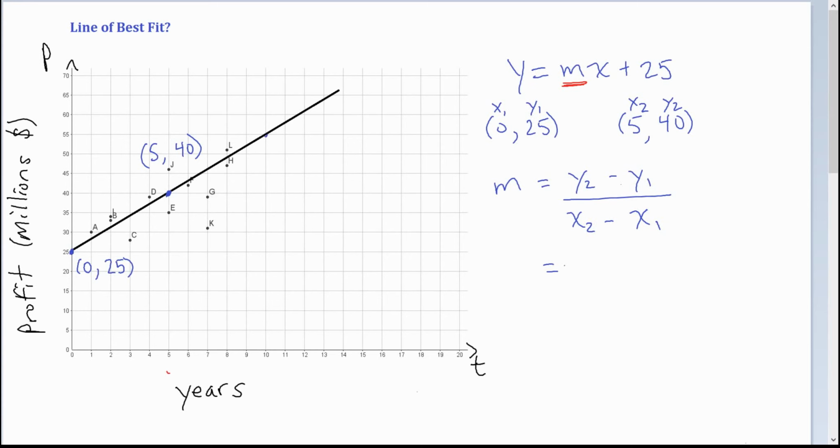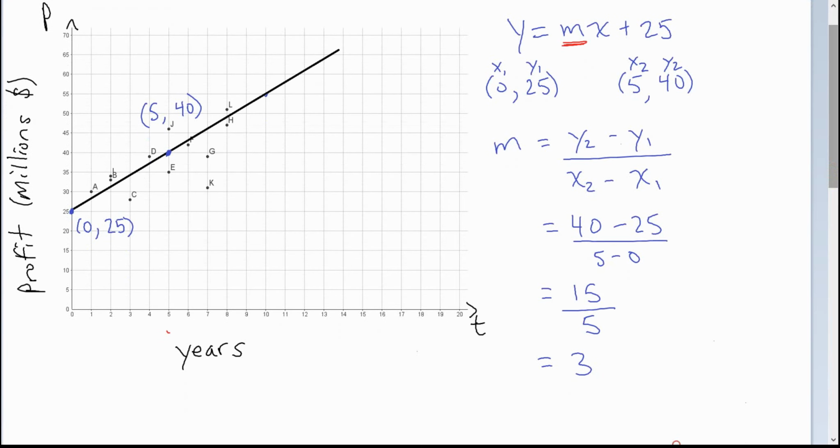So we have the formula y2 minus y1 over x2 minus x1. And when we start subbing in values, 40 minus 25 over 5 minus 0. 40 minus 25 is 15 over 5, which is equal to 3. So now we found our equation.